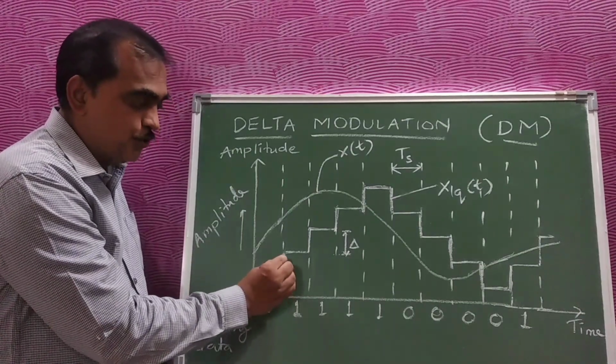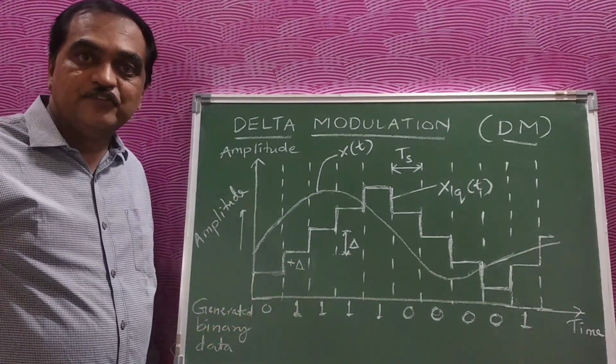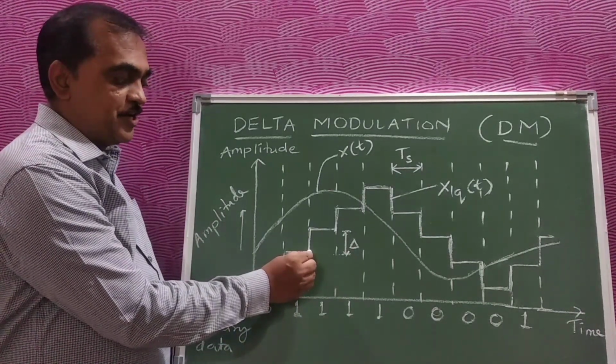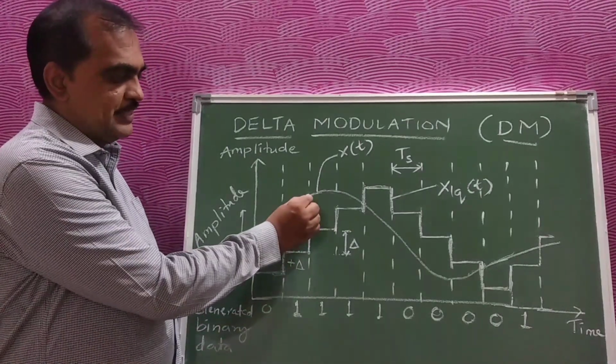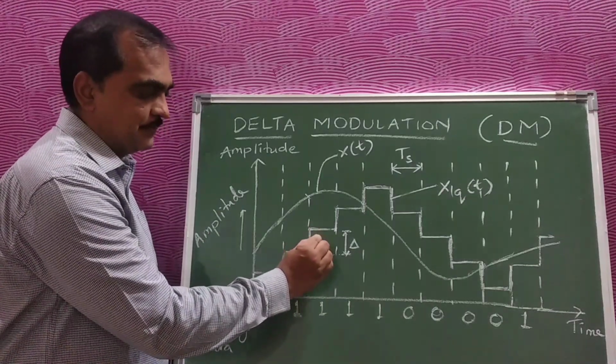If it is going on top, this will be taken as plus delta. Again, at the start of the next sample period, the analog signal is on top, so again you take plus delta.